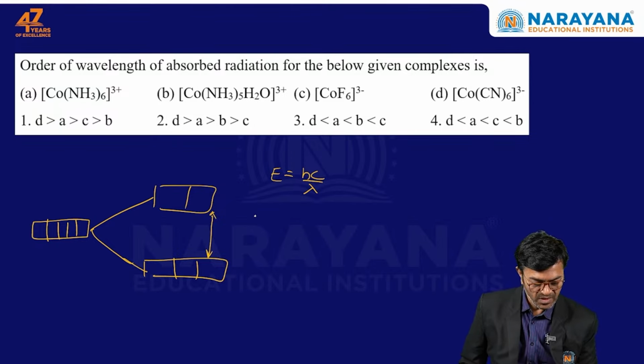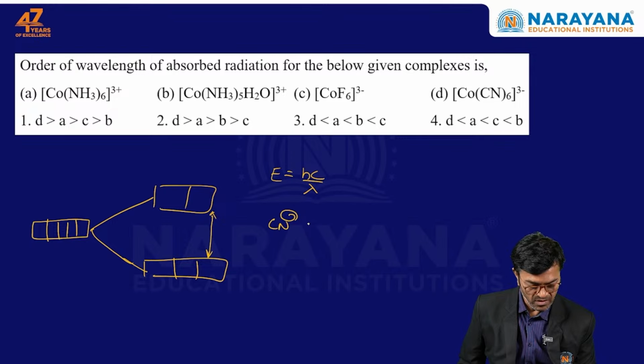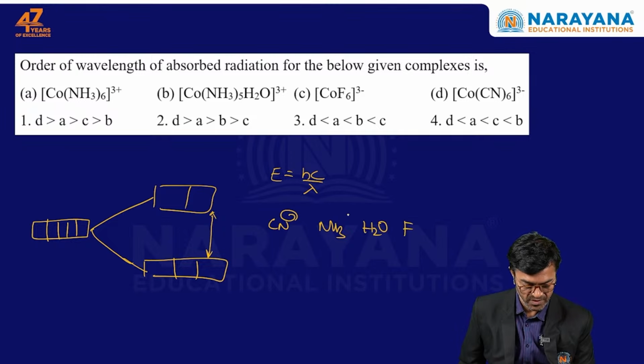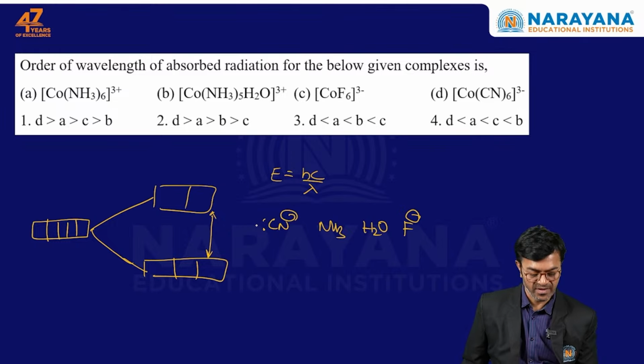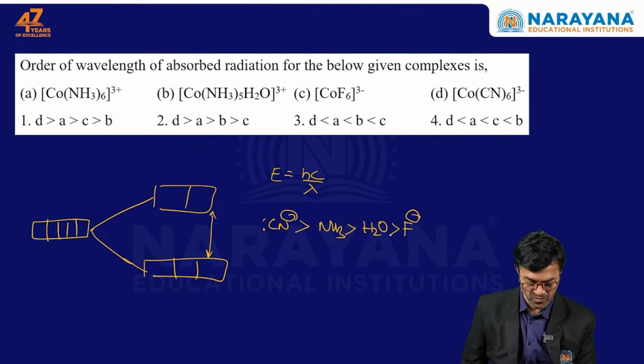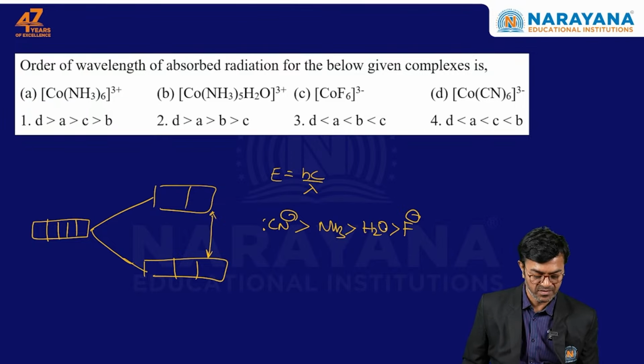In terms of ligand field strength, we have cyanide ligand, amine ligand, water as well as fluoride. In order of field strength, cyanide causes more splitting than ammonia, ammonia causes greater splitting than water, then F minus.